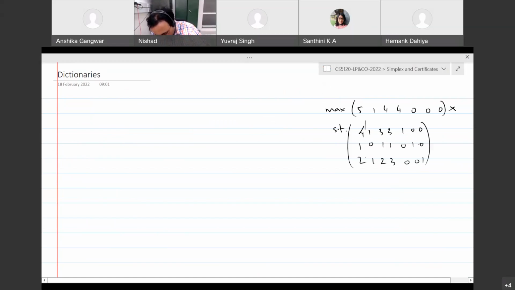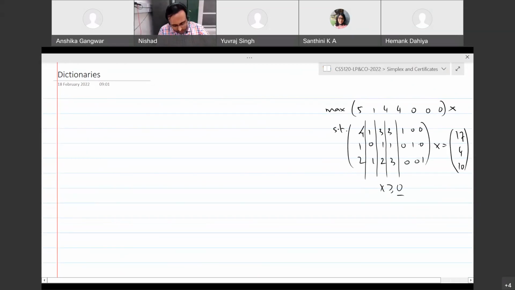Right, so things are a bit close. Sorry about that. And the right hand side was 17, 4, and 10. And we have x equals 0. Okay.